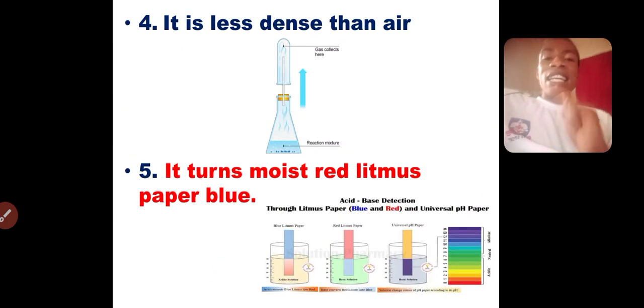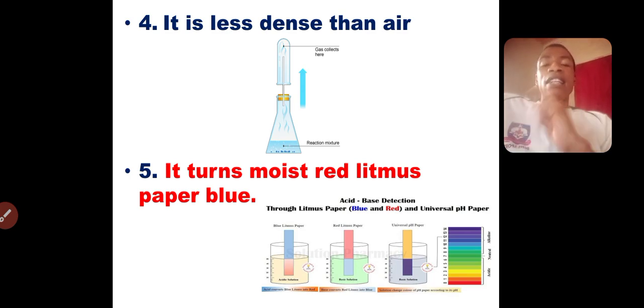Ammonia is less dense than air, and that is the reason we collected it by upward delivery in the previous video. Also, you cannot collect it over water because it's soluble in water, so you don't want your gas to get lost inside water. Then it turns red litmus paper blue.